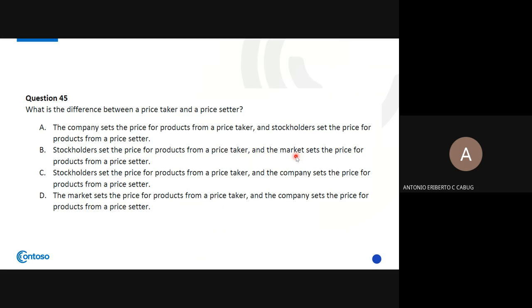So, what is the difference between a price taker and a price setter? Go.